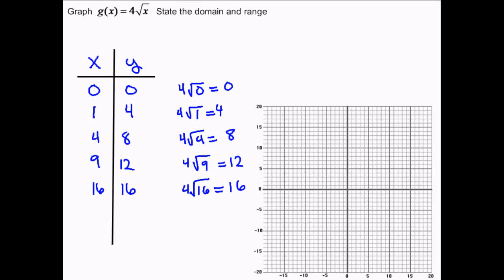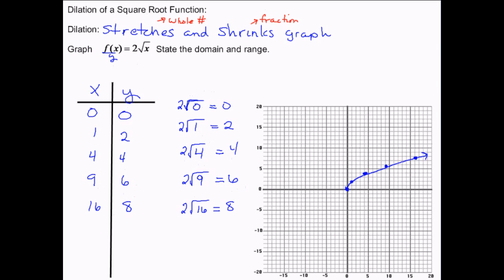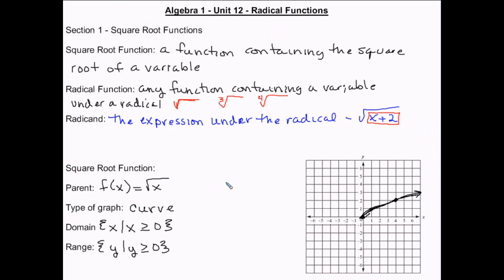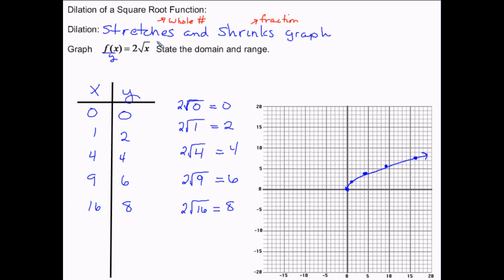Now I want you to look at this for a second. If we come back to our very first one, we didn't actually plot these, but the square root of 0 is 0, the square root of 1 is 1, the square root of 4 is 2, and etc. And I'm doing dilations now. So now I had 0, 1, 2, now I have 0, 2, 4, 6.